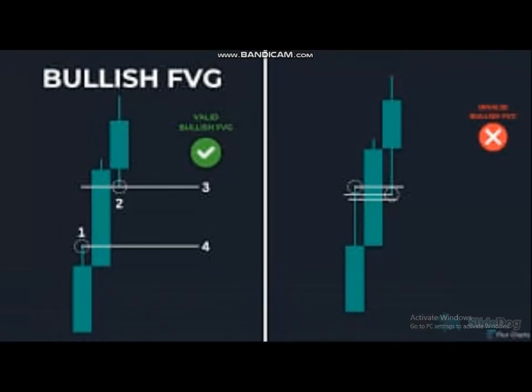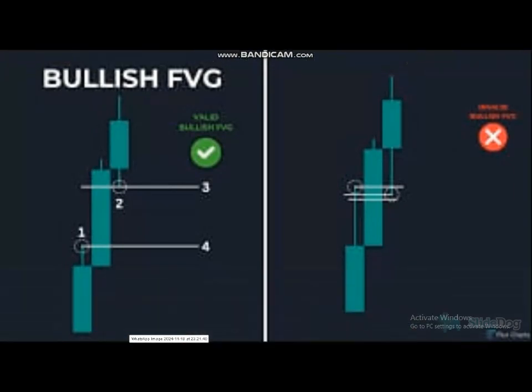So that's important there. You can see the first wick indicating the open of the candle, and the other open of the candle in the third one. Those two are then marked out, and then the middle candle with the momentum, which is not that big but also not that small, but it's still considered momentum, is where market will then come back and fill that fair value gap.